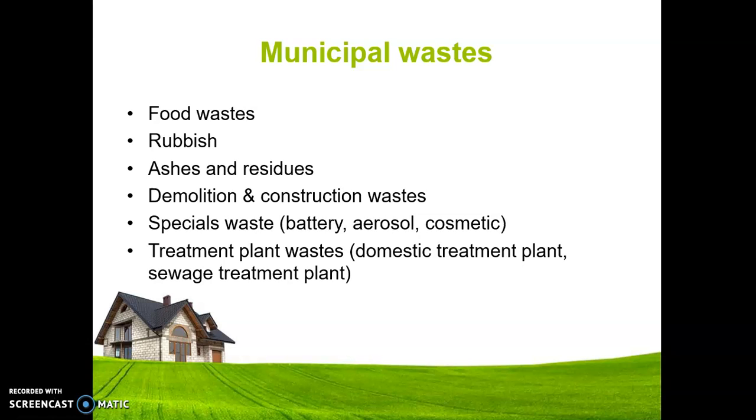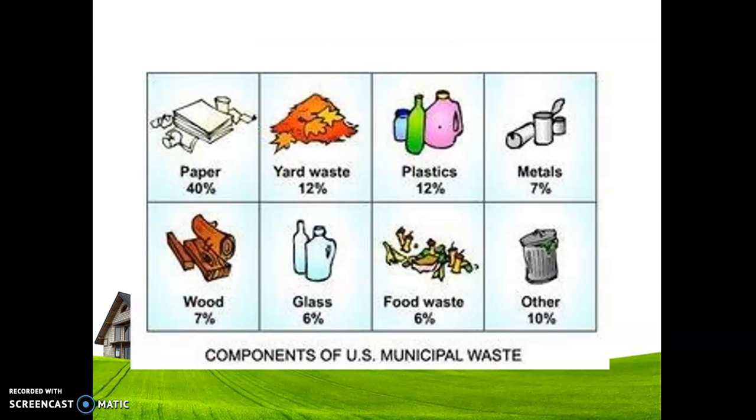And then special waste such as battery, aerosol, cosmetic, and treatment plant waste. Some of these municipal wastes can also be classified as hazardous waste, such as the treatment plant waste. Some of it can be part of hazardous waste, right?